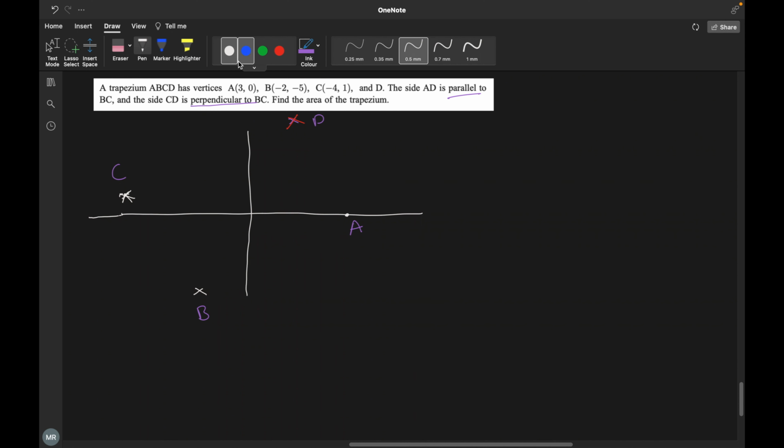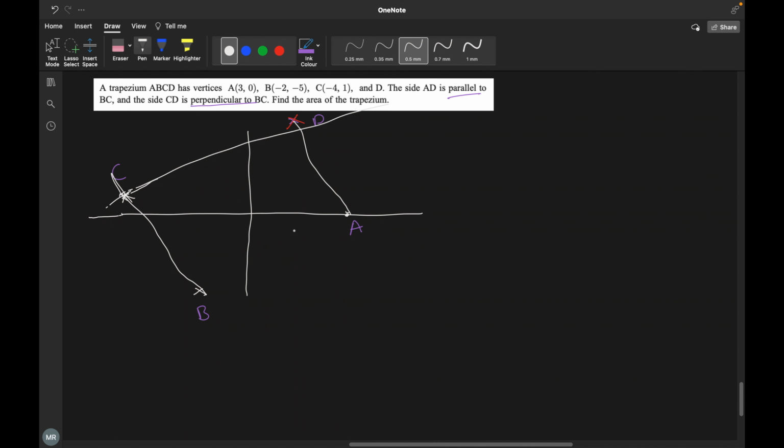So according to this question, the side AD is parallel to BC and CD is perpendicular to BC. Okay, so first let's find the gradient of BC.